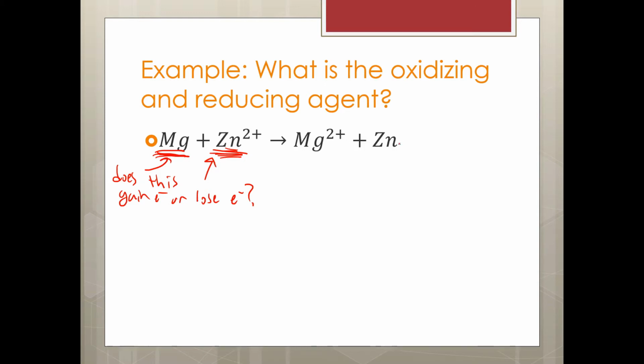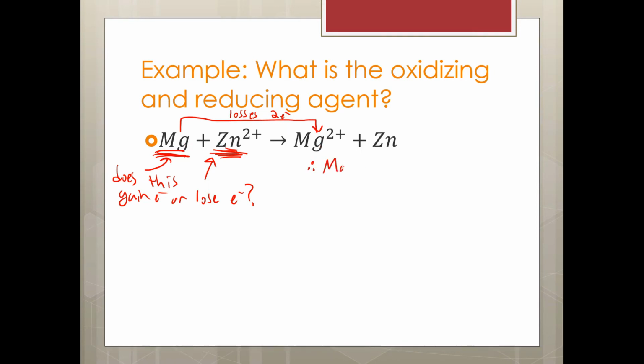Okay, and you can sort of think about, okay, my magnesium is going to magnesium 2 plus. So here it's gaining a charge of 2 plus. Now, if you remember your early chemistry, if something becomes more positive, it means it loses 2 electrons. So you immediately can say, okay, so the magnesium is losing 2 electrons to become magnesium 2 plus.